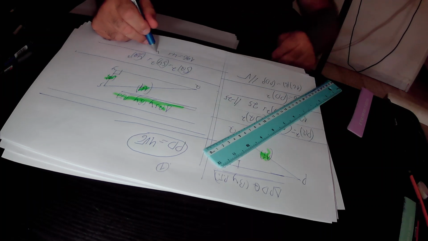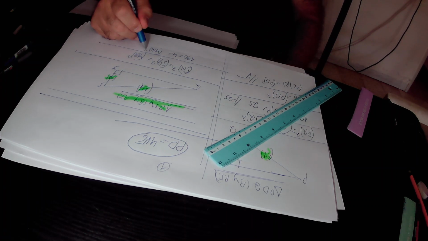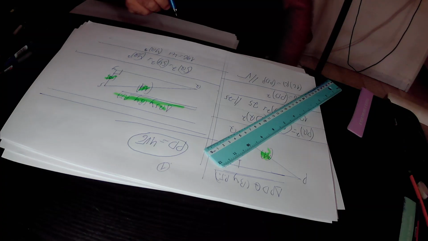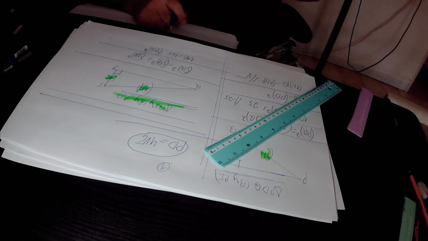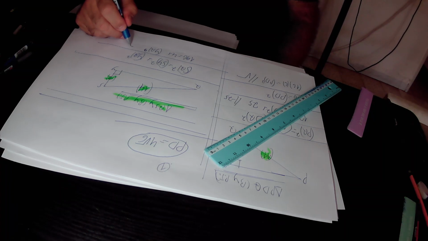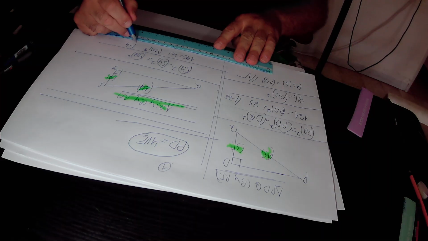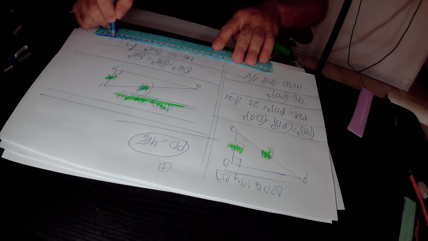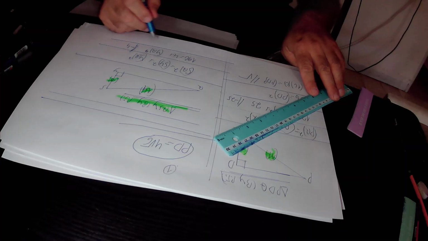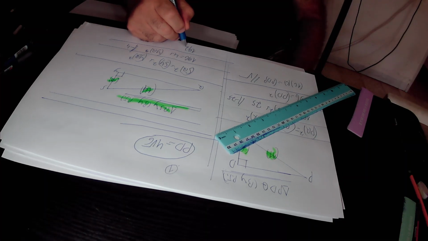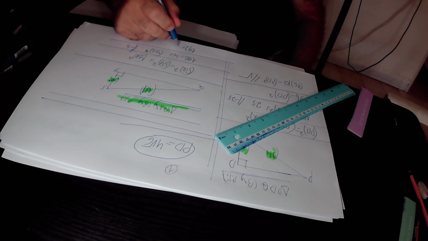So 196 equals 4 plus YQ squared. Here we'll subtract 4 from this equation, and we get that 196 minus 4 is 192, which equals YQ squared.